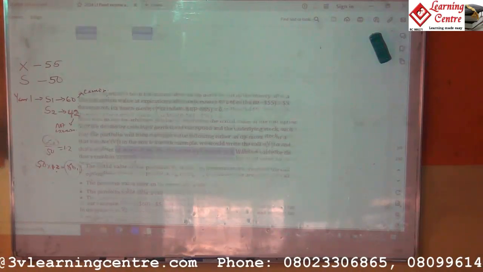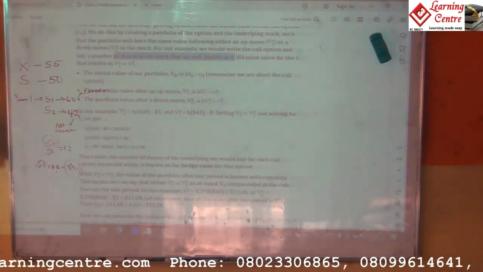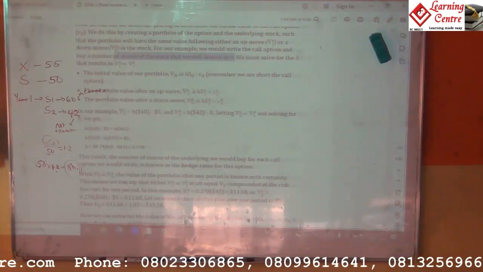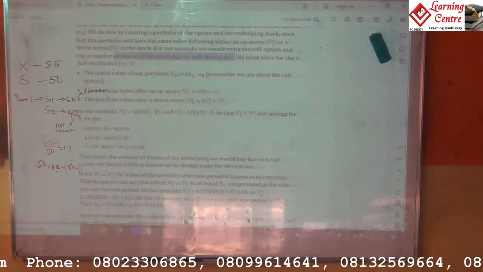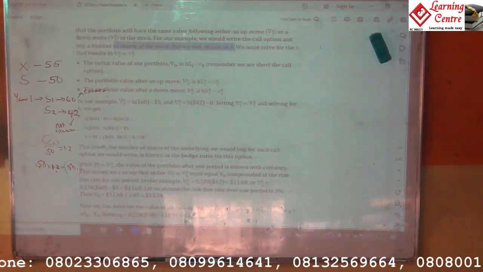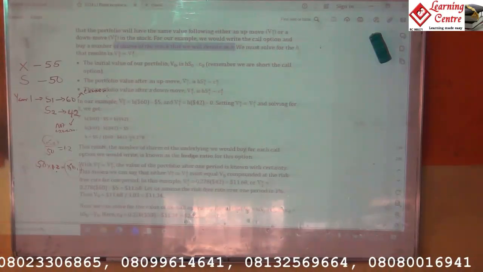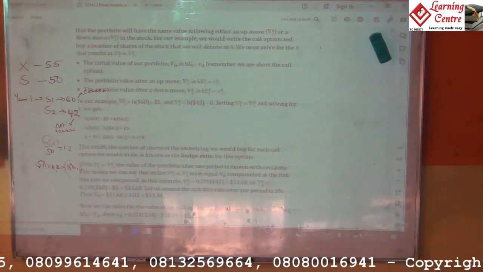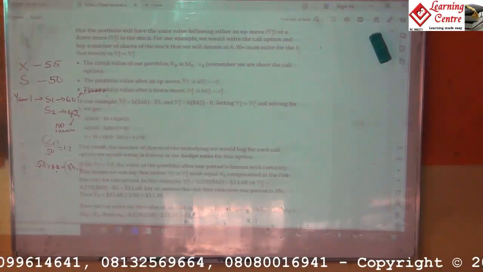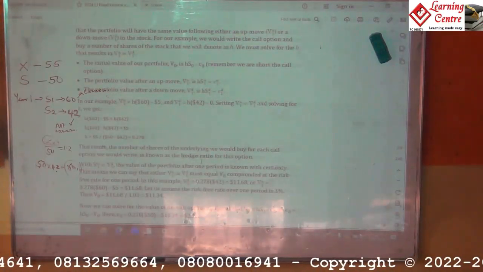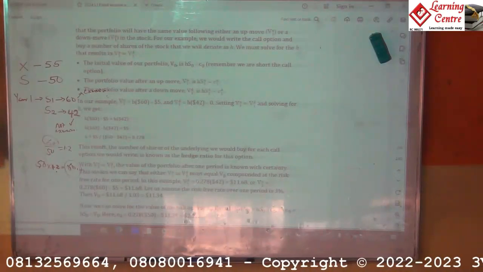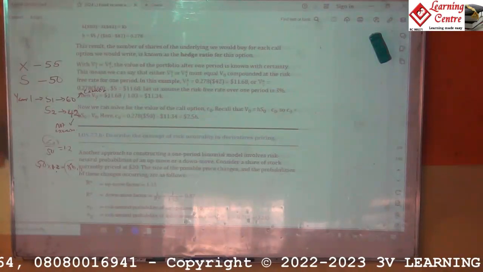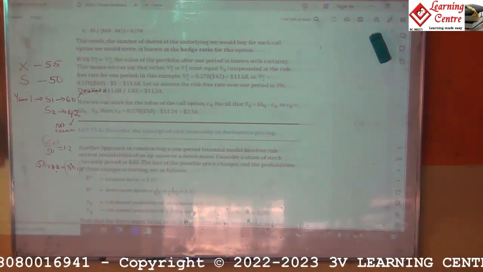So what number of shares will you buy to ensure that at the end of the day you balance it out to hedge your risk? So this result, the number 0.278 based on this formula, is the number of shares we will buy for each call option, which is known as the hedge ratio for the option. Yeah, so that's basically that.